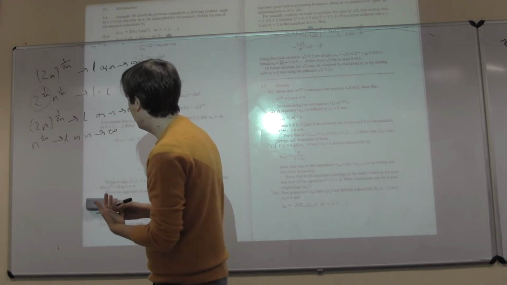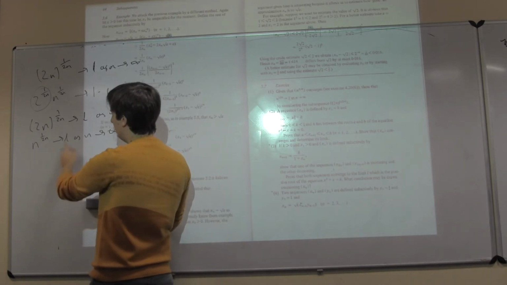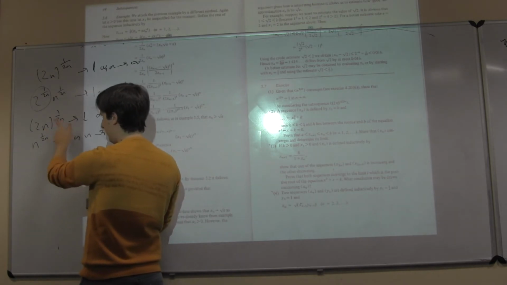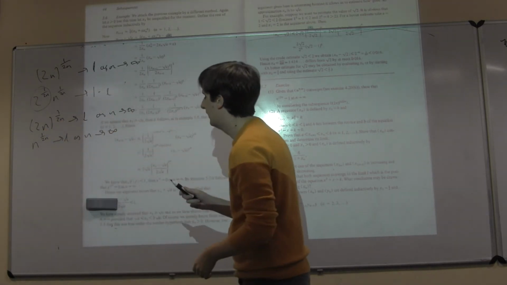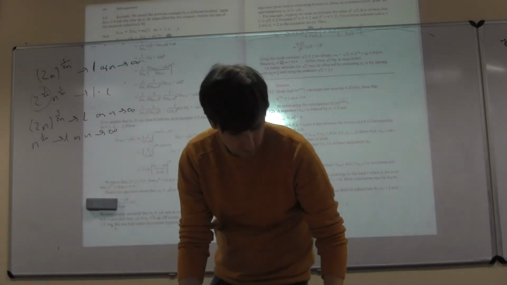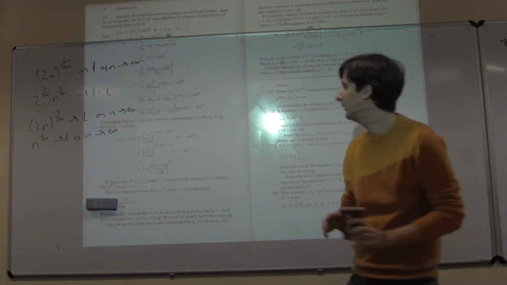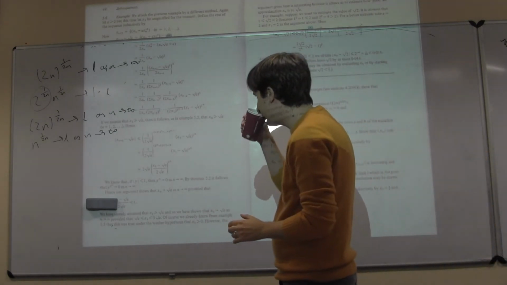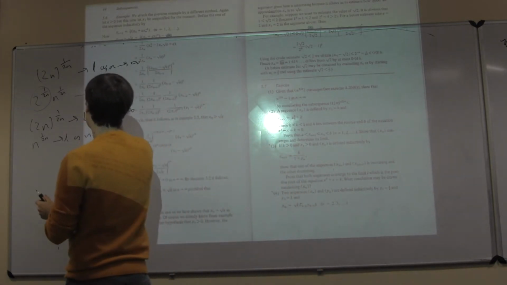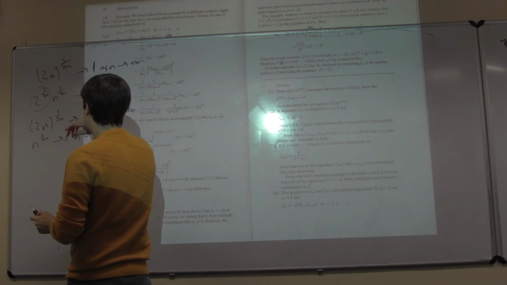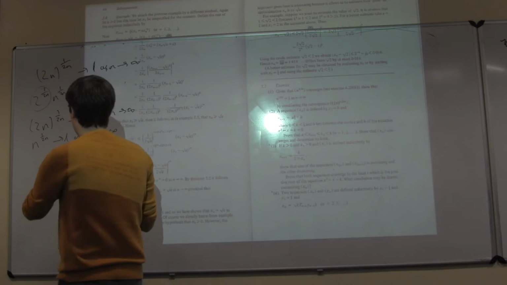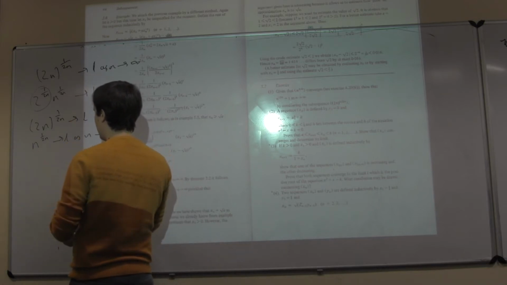So what we've proven is that n to the power of 1 over 2n tends to L as n goes to infinity, and 2n to the power of 1 over 2n tends to L. Okay, so let's look at this sequence.